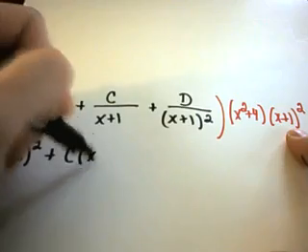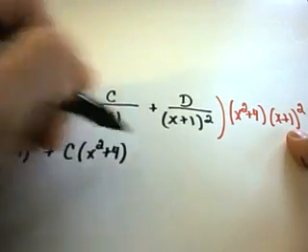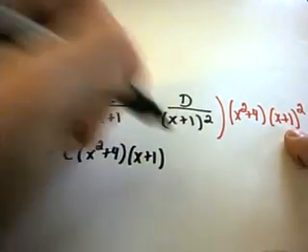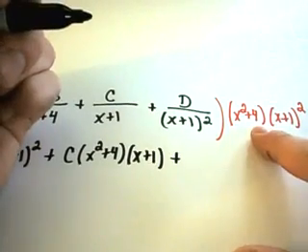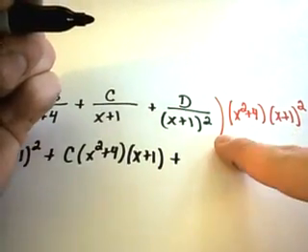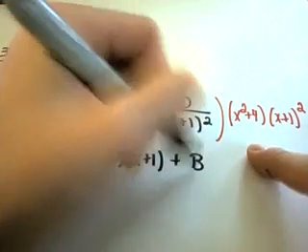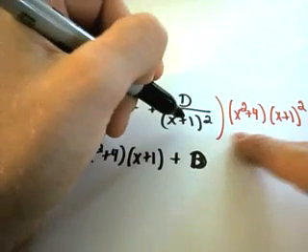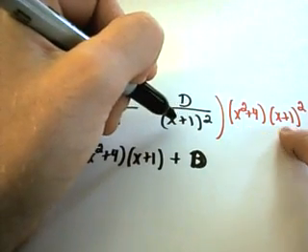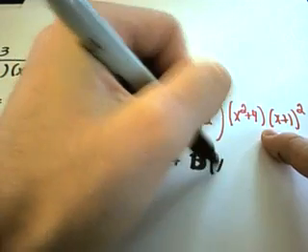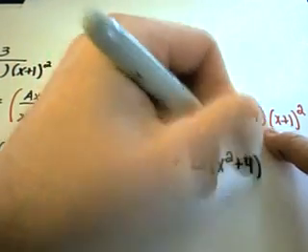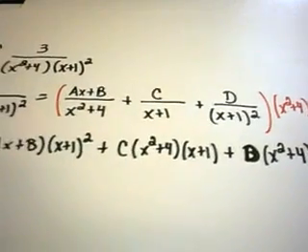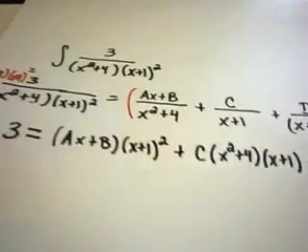So I'm going to have c times x squared plus 4, but I'll keep one of the x plus 1 terms. And then when I distribute to the d term, the x plus 1 squareds will cancel, leaving me with d times x squared plus 4. Alright, so yuck, a pretty long problem here.